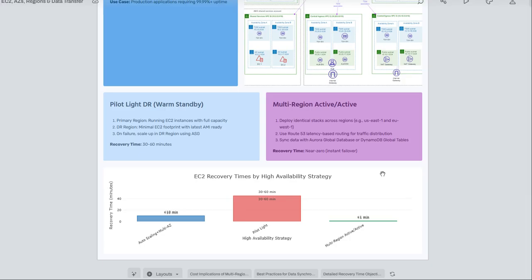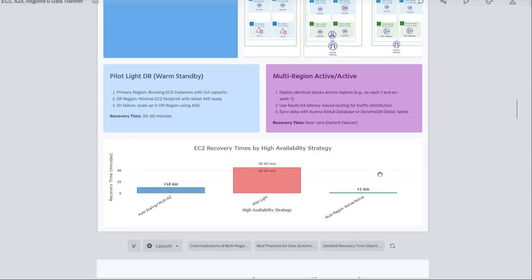And then use Route 53 latency-based routing for traffic distribution, and sync data with Aurora Global Database or DynamoDB global tables, right? This sort of setup has a recovery time of near zero, instant failover. Mostly you want customers not to be able to see that it has failed, but to spill over with the recovery time.